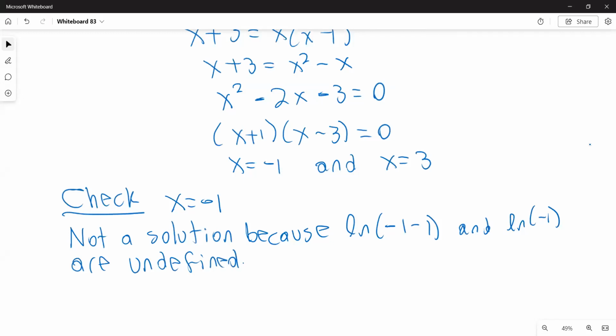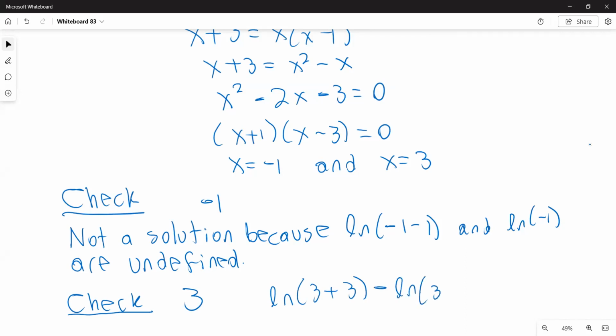And finally, let's check 3. So that one is going to be okay. That one is going to be a solution because we have the natural logarithm of 3 plus 3 minus the natural logarithm of 3 minus 1 equal to the natural logarithm of 3.